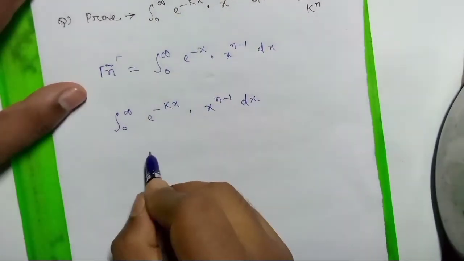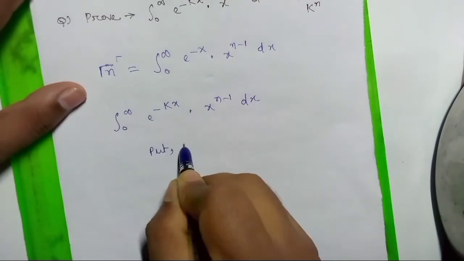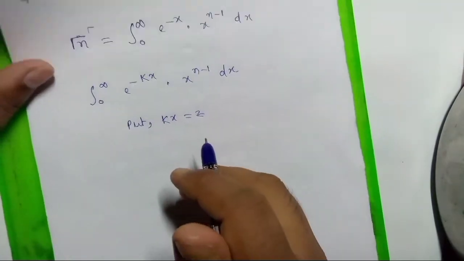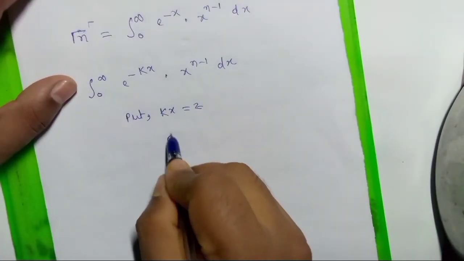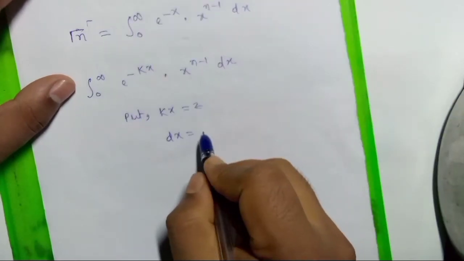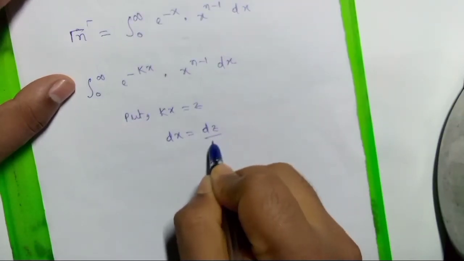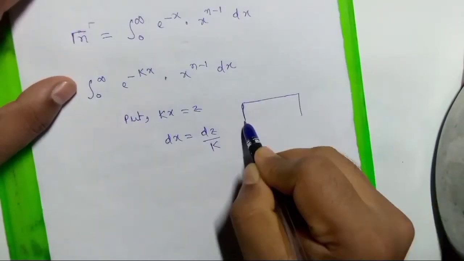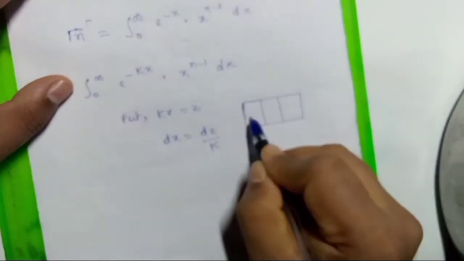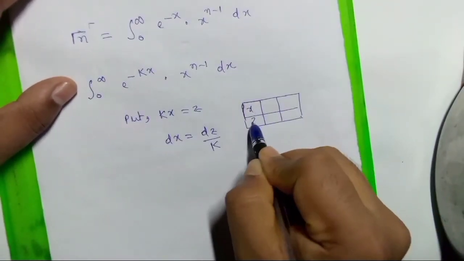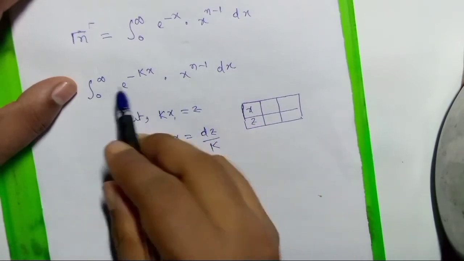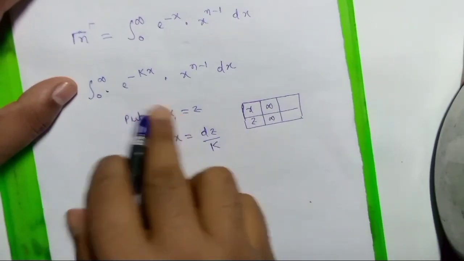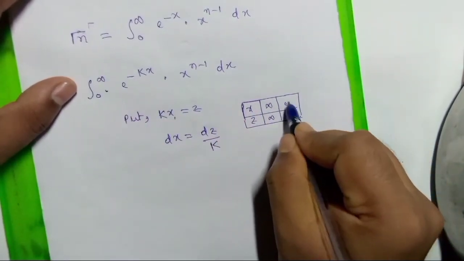So we put kx is equals to z, and if we differentiate it then we get dx is equals to dz by k, and the limit should be in z. If x is equals to infinity then z is also infinity. If x is equals to 0 then z is 0.